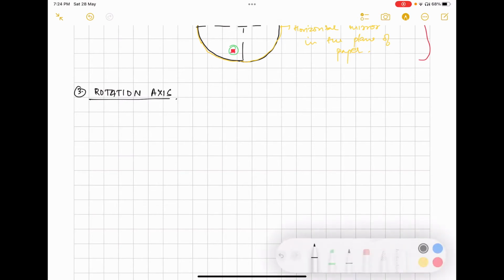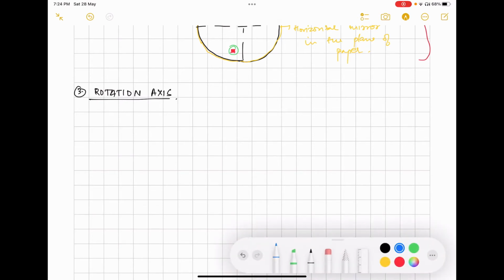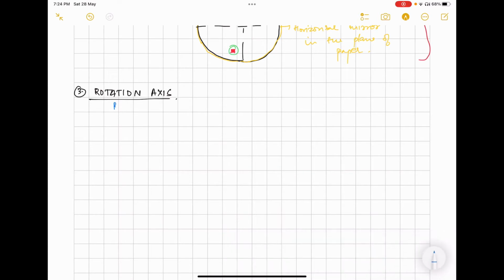Okay, so what it does, it rotates any general point about an axis by a certain specified angle.